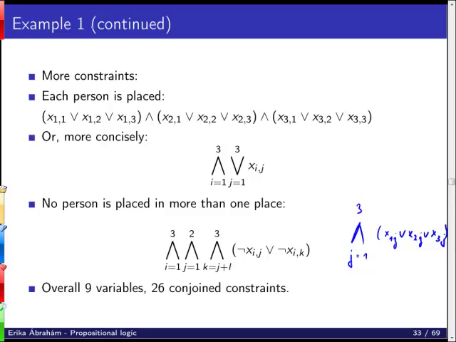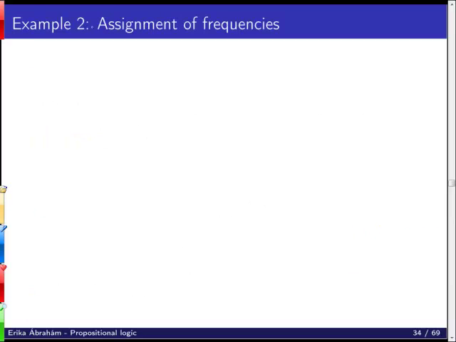Because I said that each person is placed in no more than one place. So each person is in at most 1, in at least 1, and no chair is empty. Then it is equivalent to nobody sits in 2 different chairs. No 2 persons sit in one chair. Okay.